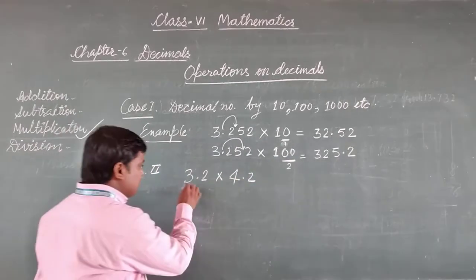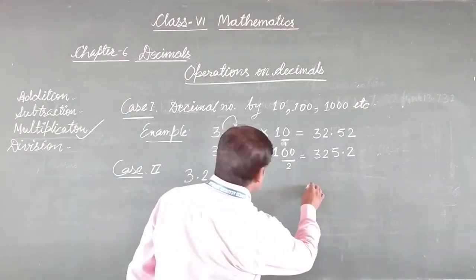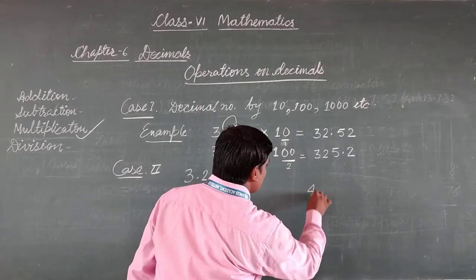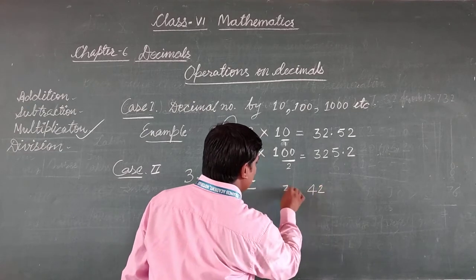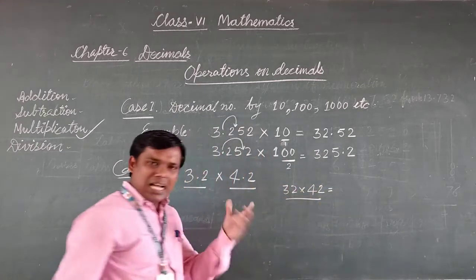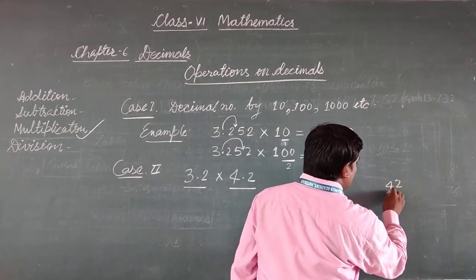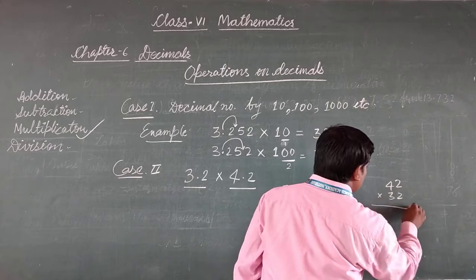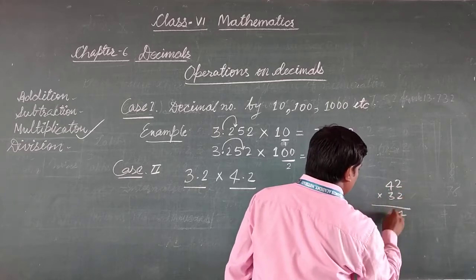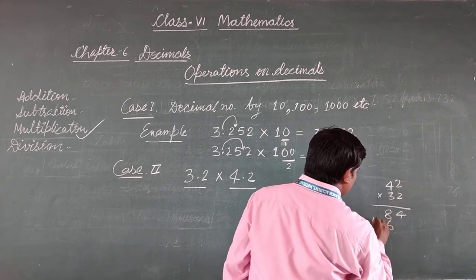Here we have one decimal number and another decimal number. So we will multiply it like this. 32 multiplied by 42. We will multiply as simple, means 42 and 32 multiplication. 2 fours are 8, 2 threes are 6, 4 twos are 8, 4 threes are 12.